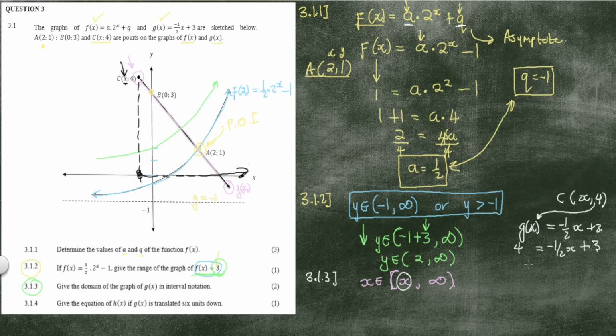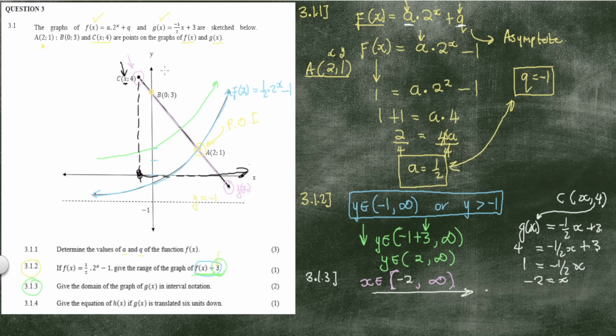Let's transpose the 3, and then we are left with 1 that is equal to minus 1 over 2 x, and then divide both sides by negative a half. We have negative 2 that is equal to x. So this means that the domain starts from negative 2 to positive infinity. This is our answer then.